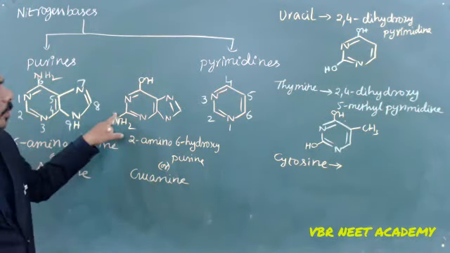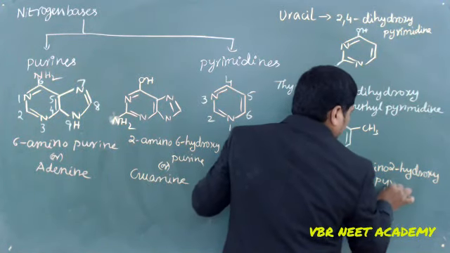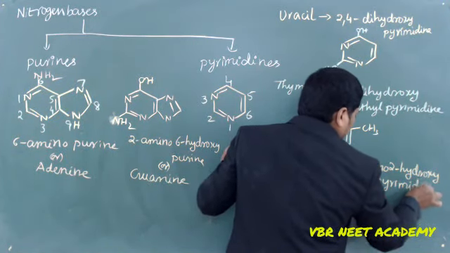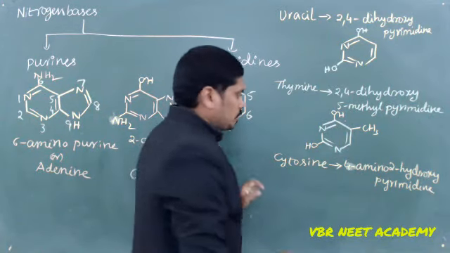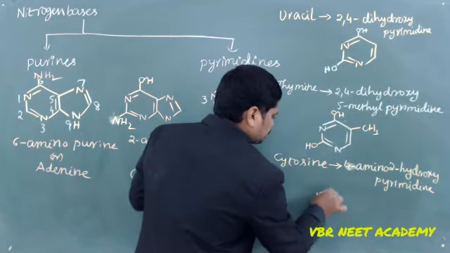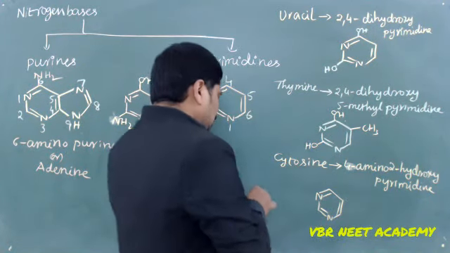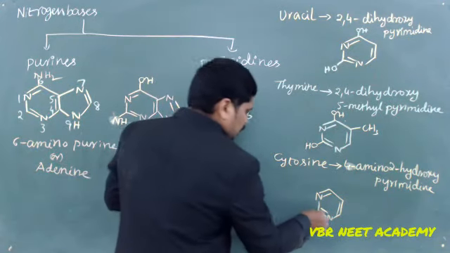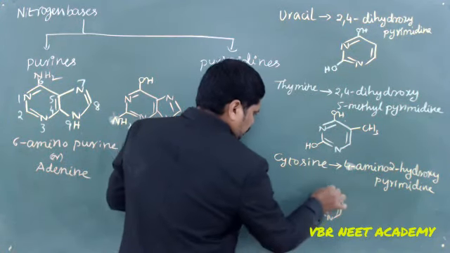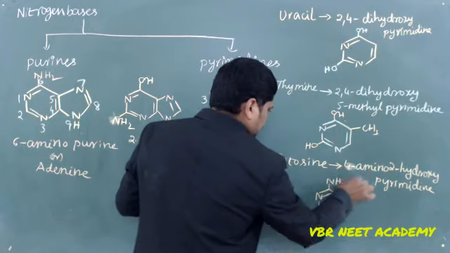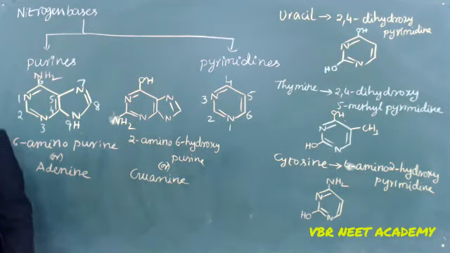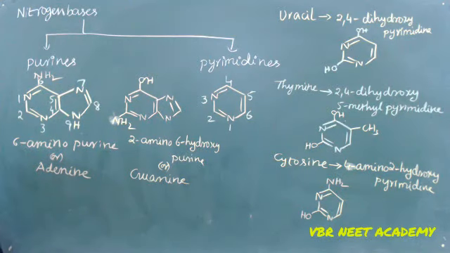So 4-amino 2-hydroxy pyrimidine. So this is the structure. That's it, we have the structures of purines and pyrimidines.